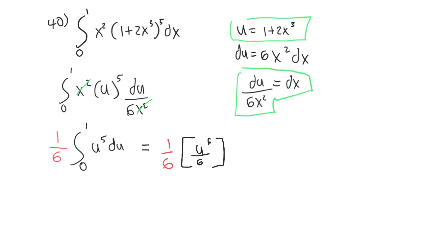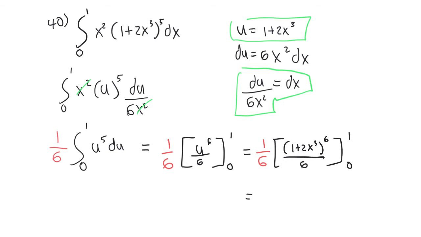We still have these bounds here. And continuing on in that very same fashion, it's going to be a matter of substituting 1 plus 2x cubed in for u. So really it is 1 plus 2x cubed raised to the 6. You don't want to forget that part. And then we still have these bounds here.